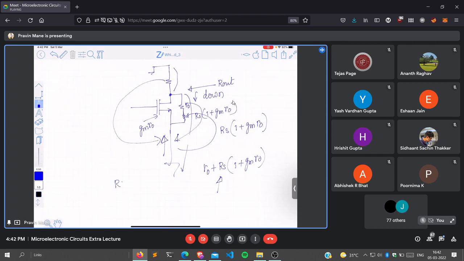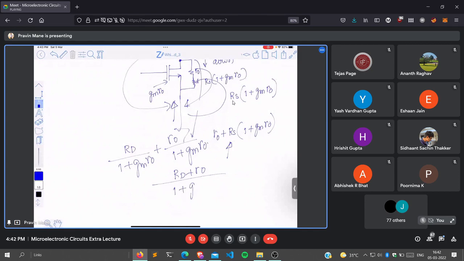So RD is divided by 1 plus GMRO, because previously I multiplied by 1 plus GMRO, and now I will divide by 1 plus GMRO to get the equation. So it is RD plus RO upon 1 plus GMRO. This is the second equation we got when looking from the source terminal in the presence of RO. Clear? Yes, sir, thank you. Any other question?